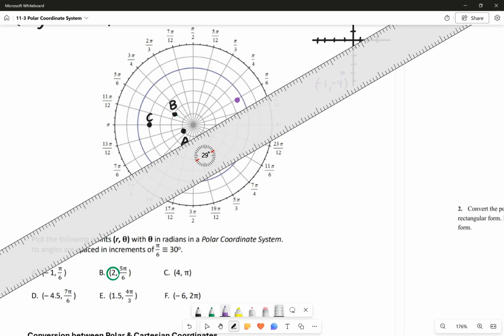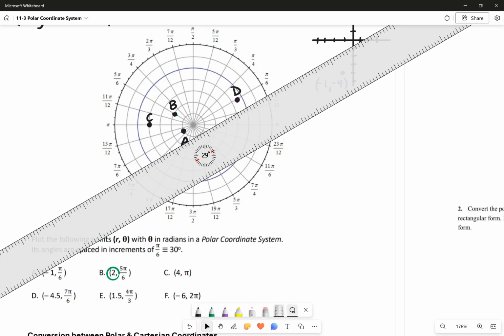Does that make sense? So again, this here is my 7 pi over 6. So I'm not going to touch that purple line because my R is negative. So I had to backtrack. 1, 2, 3, 4.5. So I hope that makes sense. So that is going to be D.